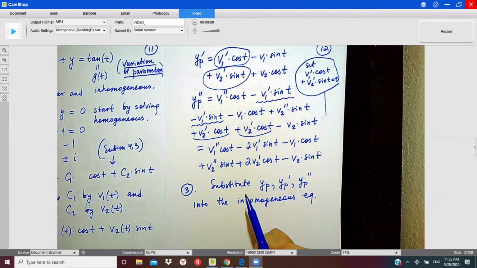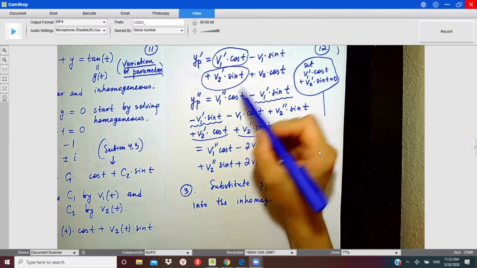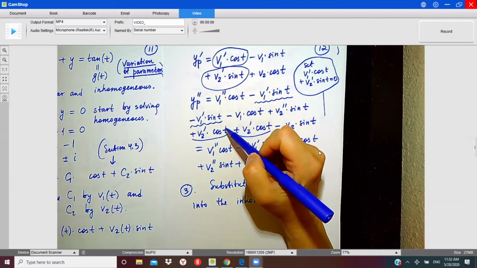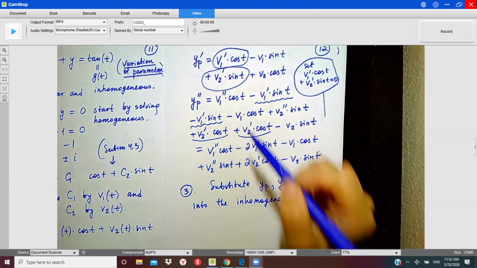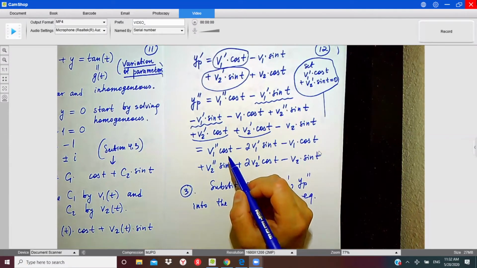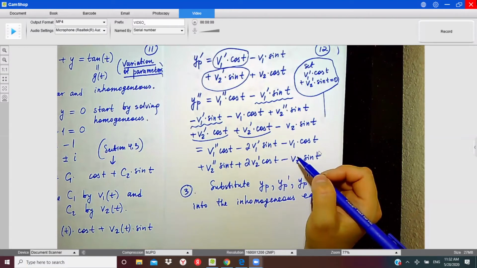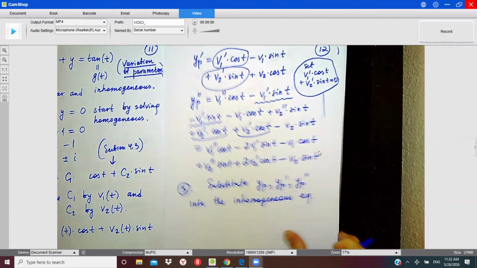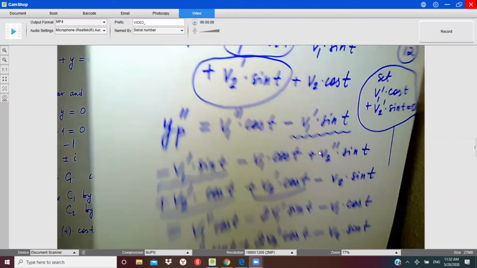Second derivative. So this term will be gone. So v sub 1 double prime is gone. Unfortunately, I'll have to redo this page because it's just too many corrections here.